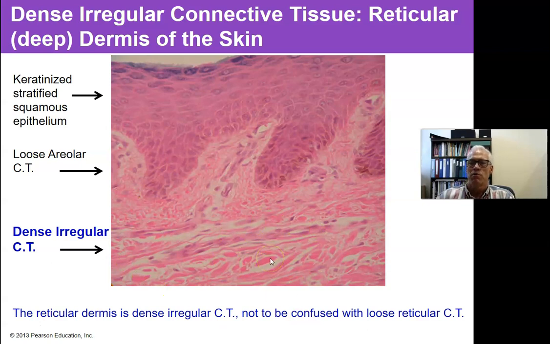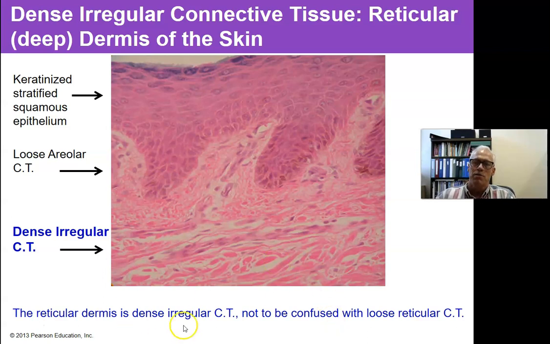It would be nice if we could almost see the relative proportions, but deep to the areolar tissue is the thickest part of the skin, so it would extend well below this micrograph. The dense irregular connective tissue, which forms the largest part of the mechanical support for the skin itself. So a very thick swath of dense irregular connective tissue forms the reticular dermis, we call it.